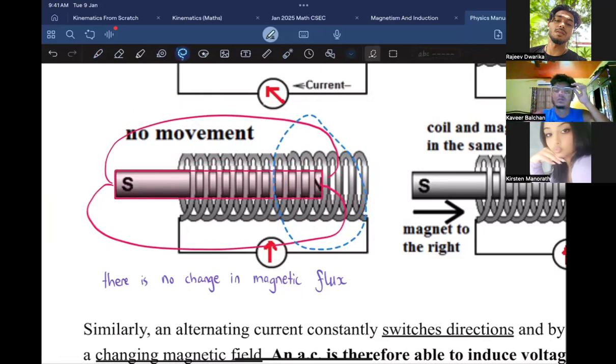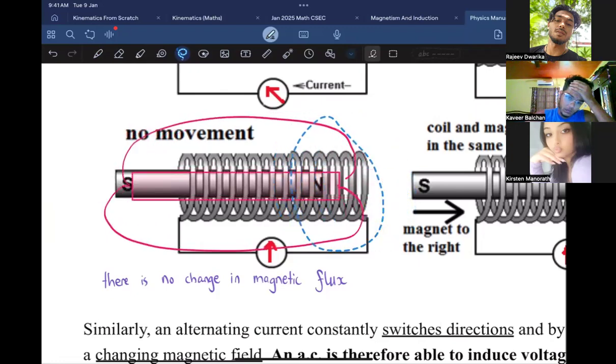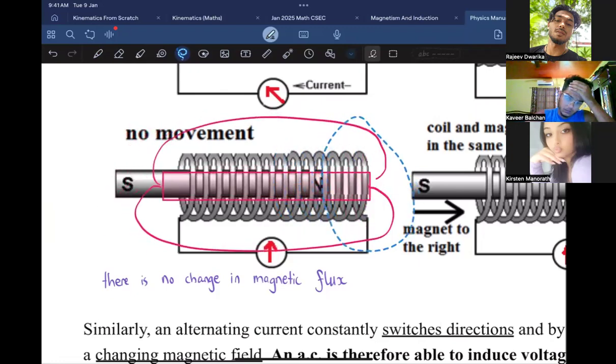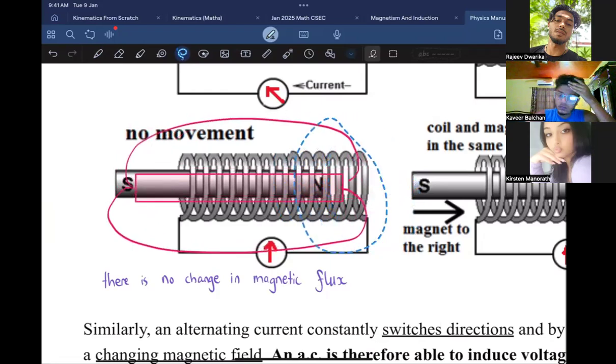If I just have my magnet like this, is the magnetic flux changing? No. What if I move it now? Yes, it changed in position.